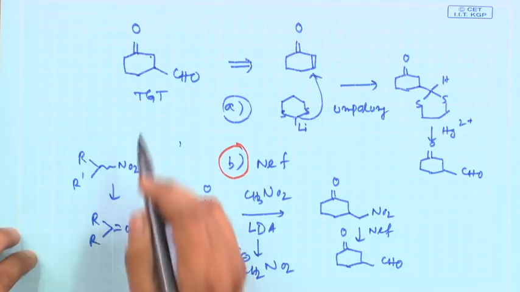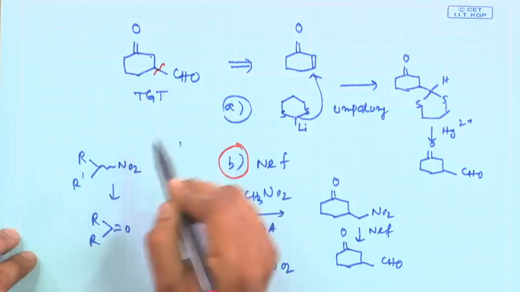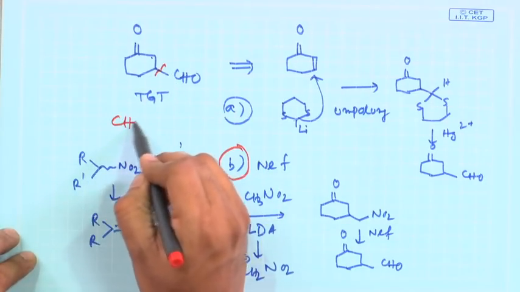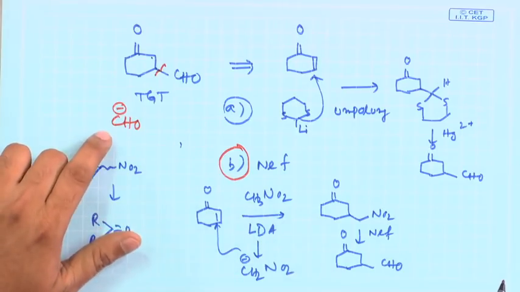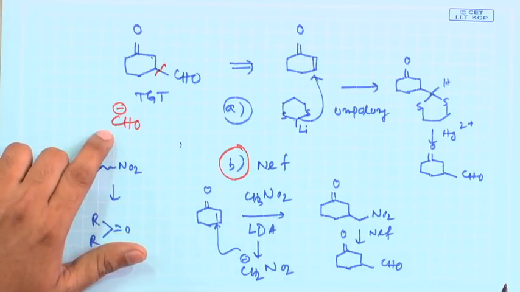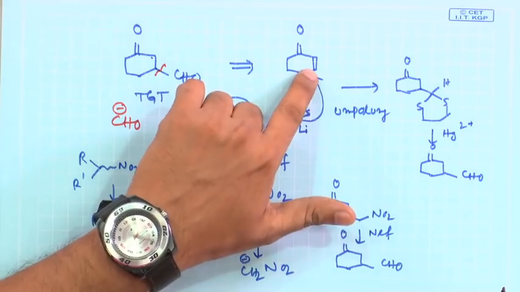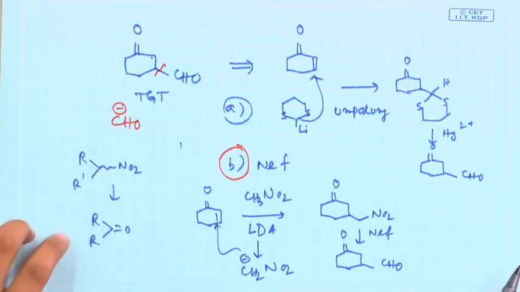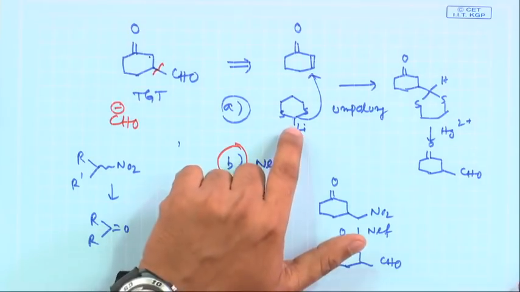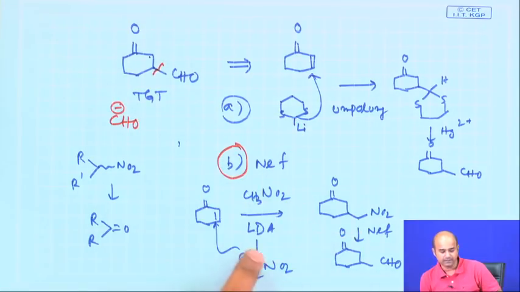But the main bottom line is, in both cases we do a disconnection based on a CHO minus, the formyl anion species, which needs to be generated and which will be attacking the Michael acceptor in a 1,4 fashion. So, no matter whether it is 1,3-dithiane chemistry or Nef chemistry, the final target can be achieved in an extremely efficient way. As I said, the choice is yours to pick the right pathway depending on the resources available to you.